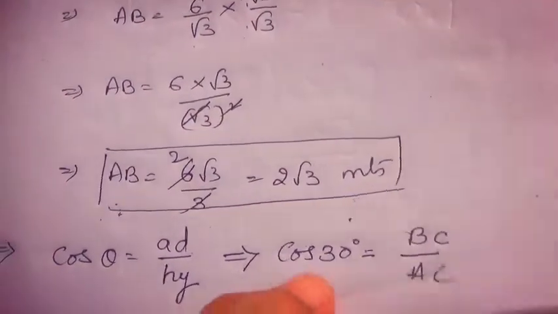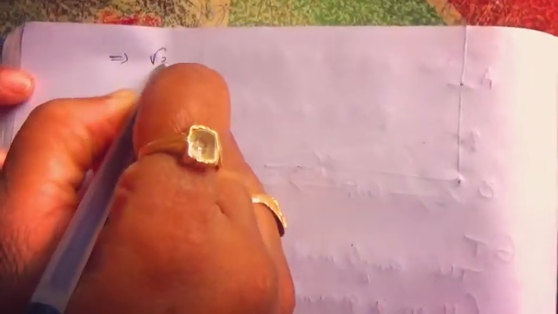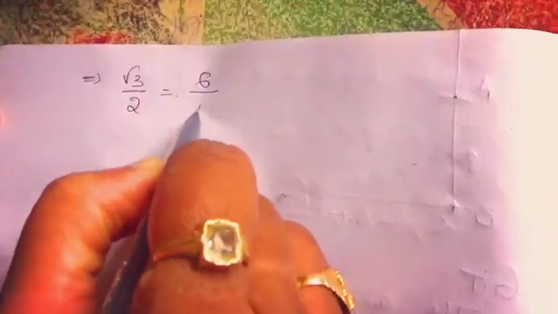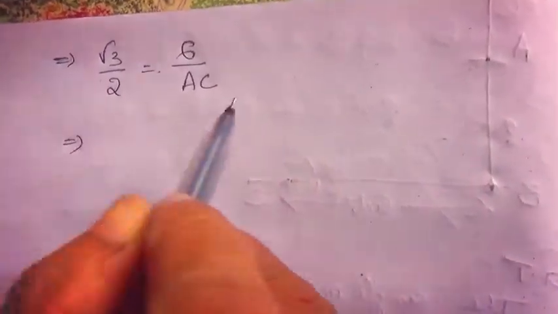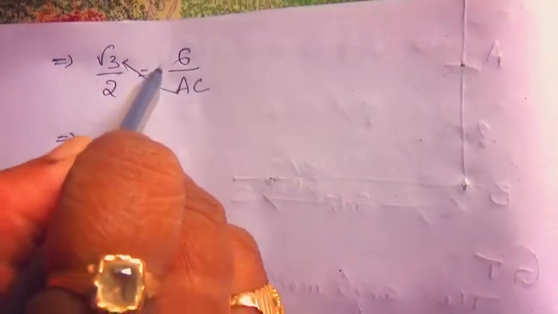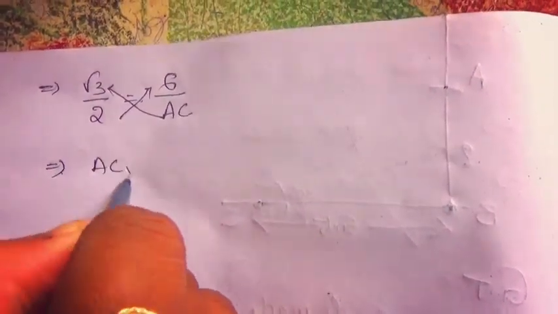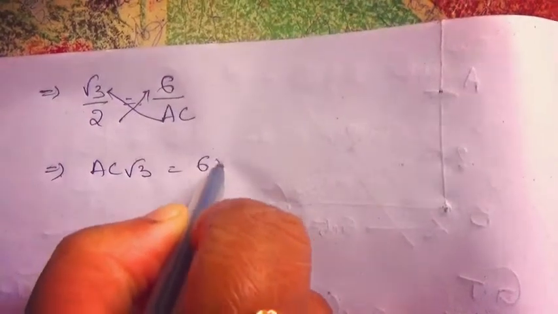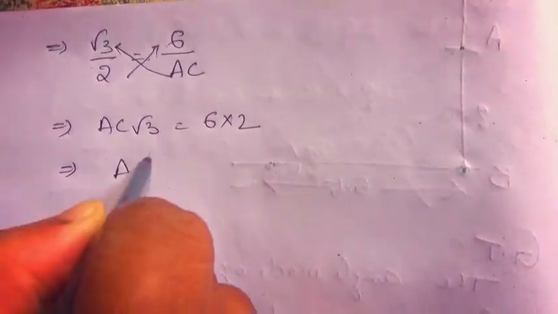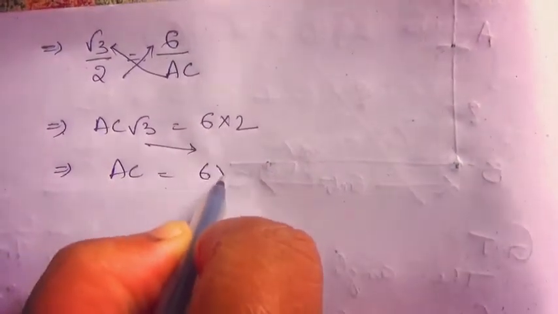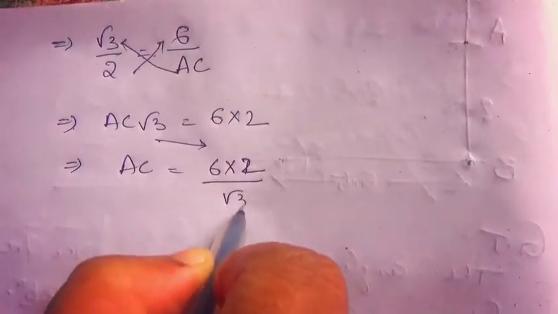Cos 30 value is root 3 by 2. So the adjacent side is BC, no? In the figure BC is 6 meters and AC we don't know. So 6 by AC. Okay, AC, you just bring this 2 to this side. AC into root 3 is equal to 6 into 2. That implies AC is equal to 6 into 2 by root 3.